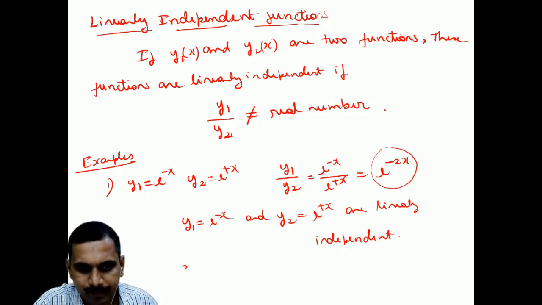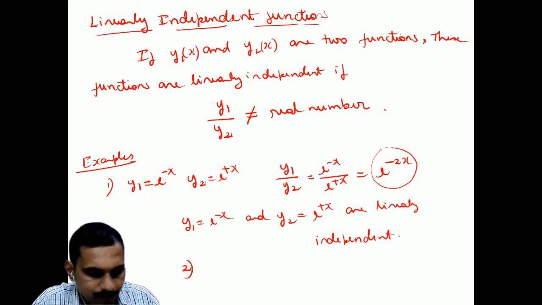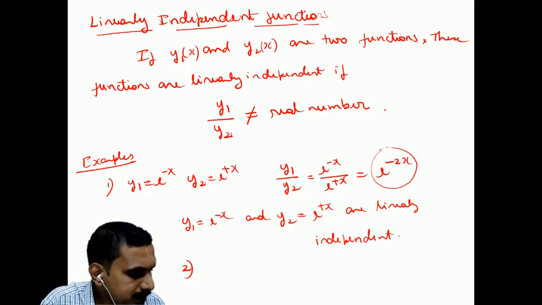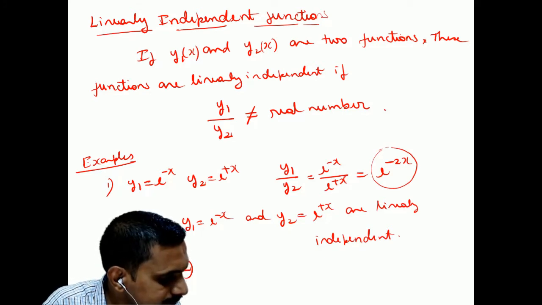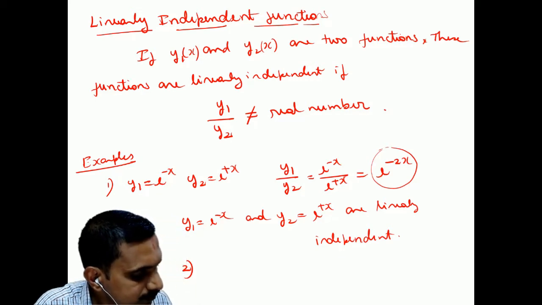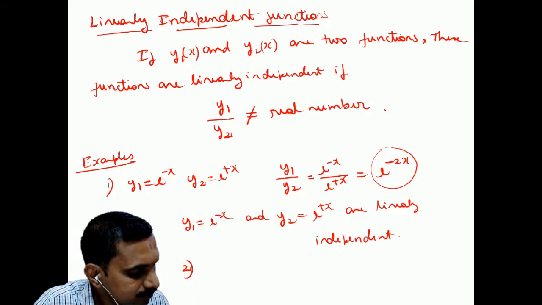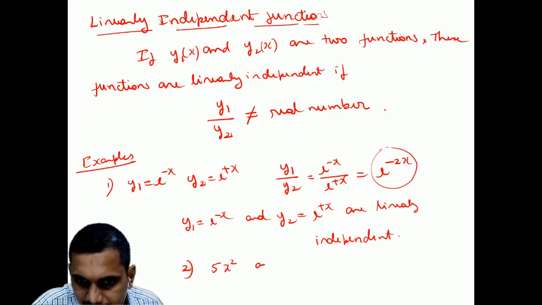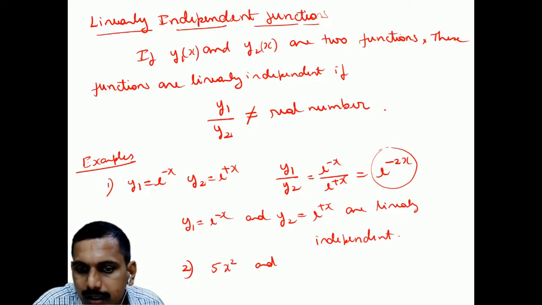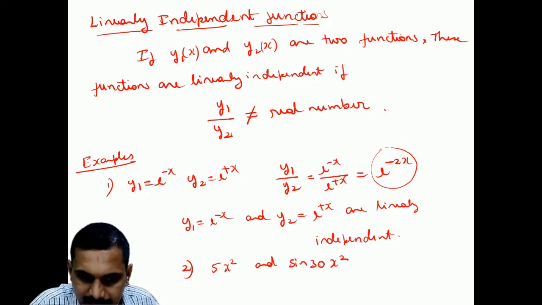Very important. Two functions are linearly independent. Let us check the second one. Let us check, say, 5x square and sine 30 x square. Are they linearly dependent or not, students?